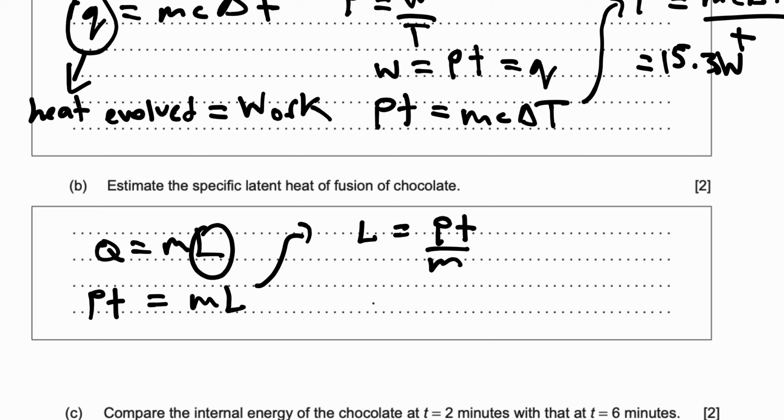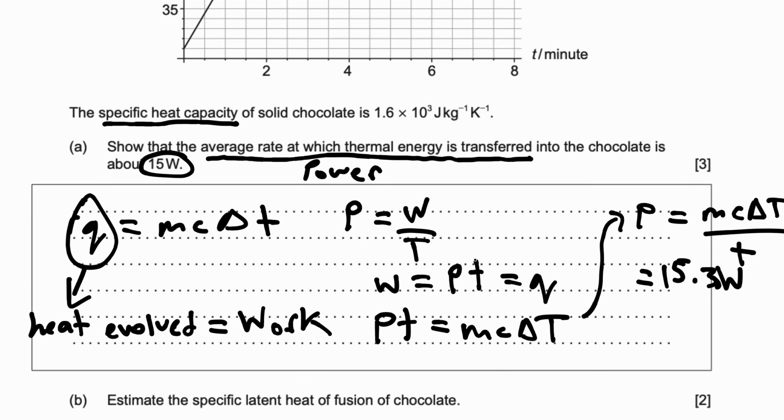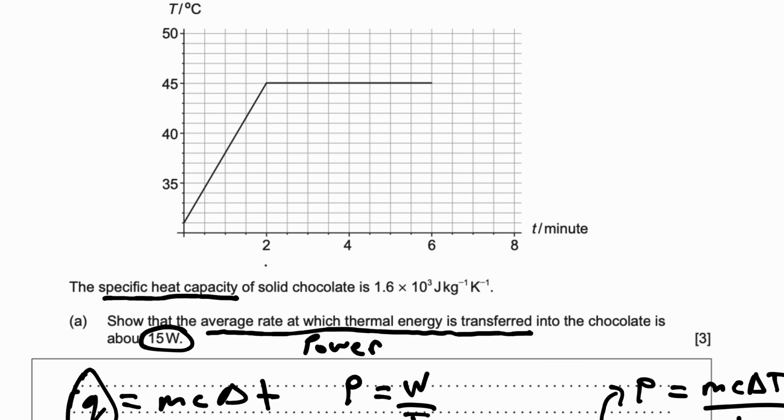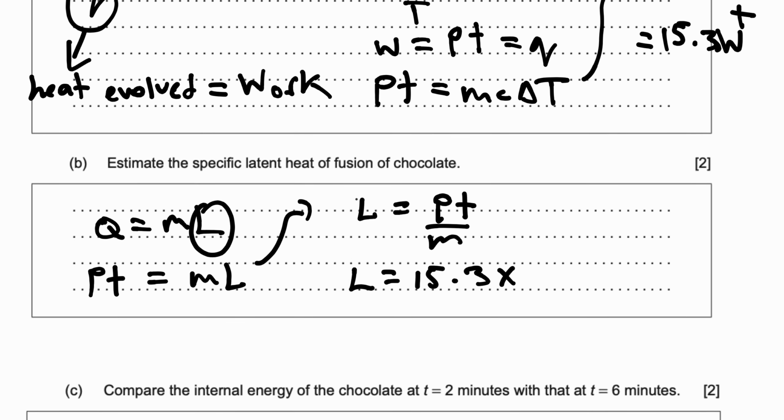So we know everything for this expression. Power we calculated is 15.3, times the time, and this time is different from before: it is from 2 to 6 minutes. The reason for this is because they're asking for the latent heat of fusion. What is the latent heat of fusion? It is the amount of energy something takes to turn from a solid to a liquid, to change state.